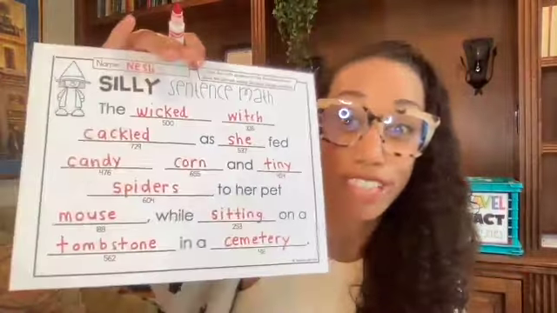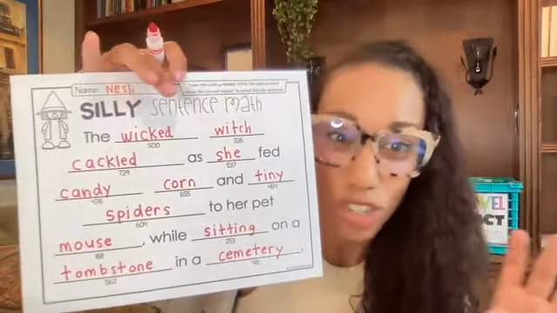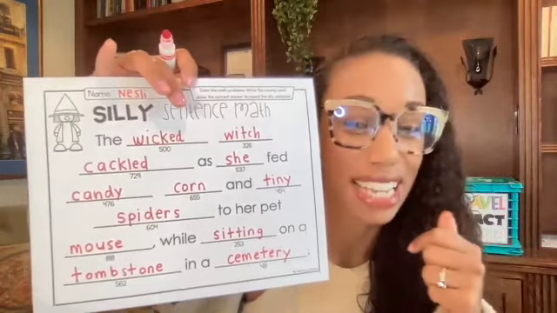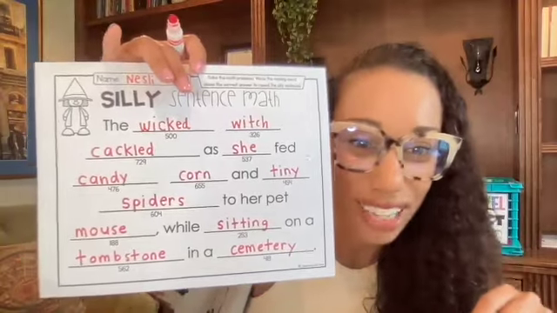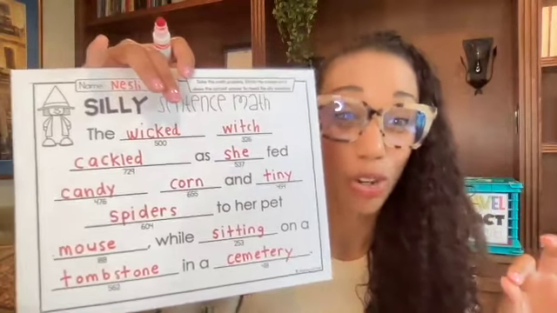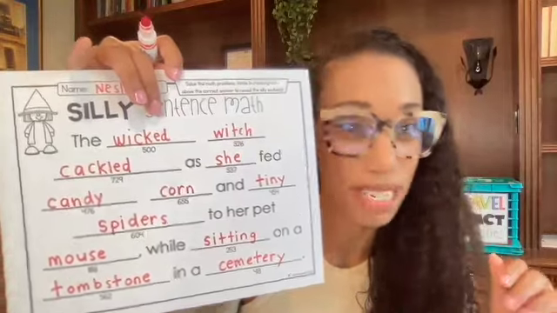So by the end, once they've solved all of the questions, the silly sentence, it's kind of hard to say, silly sentence is revealed. So here's the final silly sentence. It says, the Wicked Witch cackled. Look, I'm building in some vocabulary in there for you with that word cackled, as she fed candy corn and tiny spiders to her pet mouse while sitting on a tombstone in a cemetery.